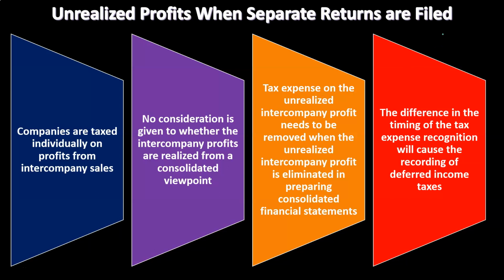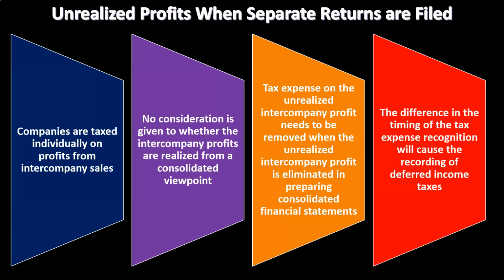In other words, once again, we're going to do the consolidated worksheet and consolidated financial statements, putting them together as if they were one, but they're being taxed as separate entities. As they're taxed as separate entities, they're going to be taxed on income that could have been intercompany income that went from one company to the other, and that's going to result in a tax expense that will be in the consolidation, because it's on the income statements that we're trying to consolidate for financial statement purposes.